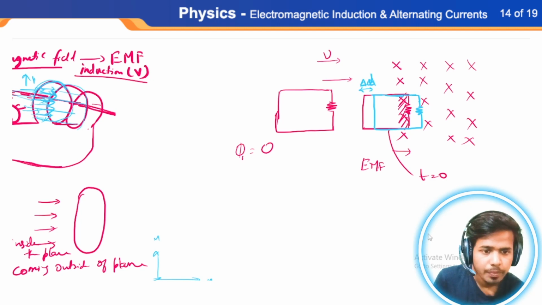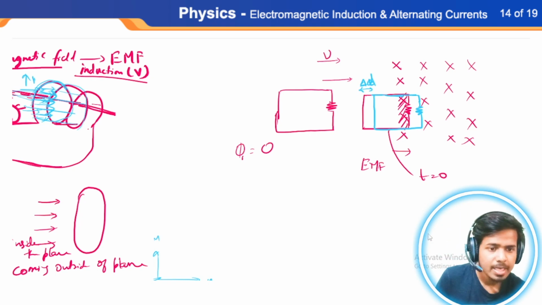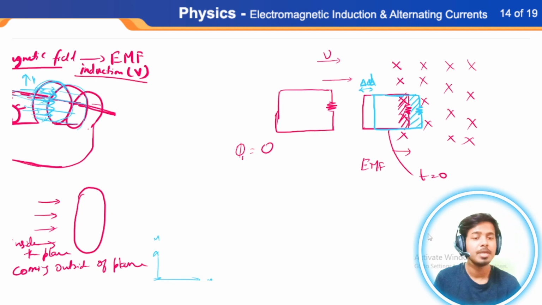Okay, no problem. Now, what is the change in flux over this delta time t? Can I say this is the amount of flux which has changed over the delta time t?